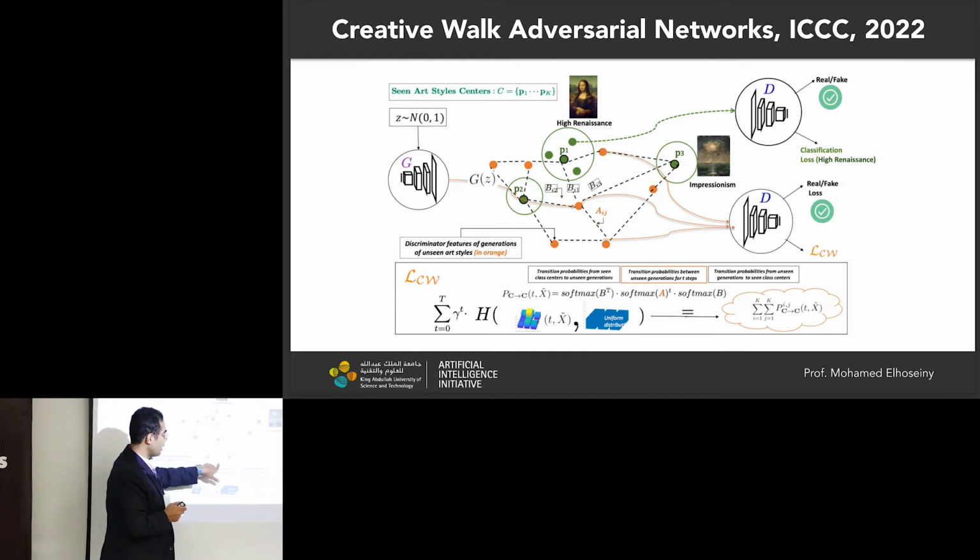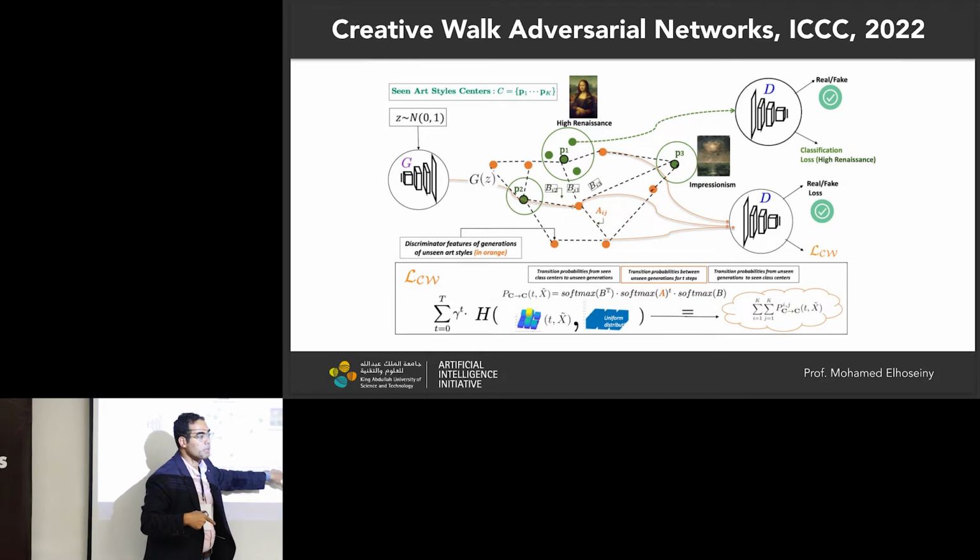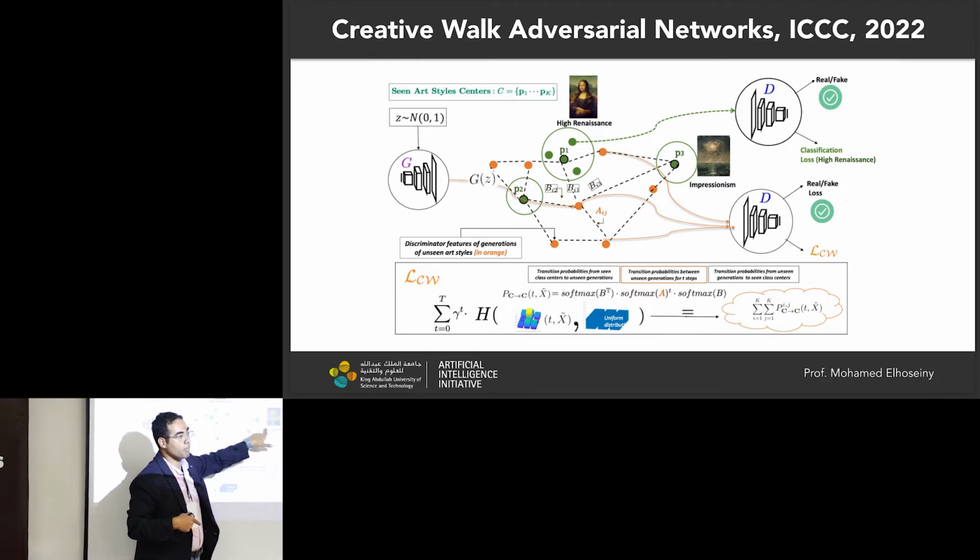All right? And then you have a similar matrix from every orange point to every other orange point. That's n times n. So that will help you simulate the random walk steps, if you go from one orange point to the other, because you go through that for t time steps. And then the last one is n times 3, where you go from the orange points back to the green points.